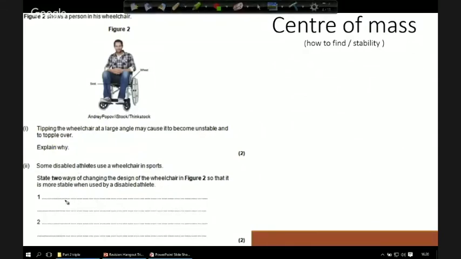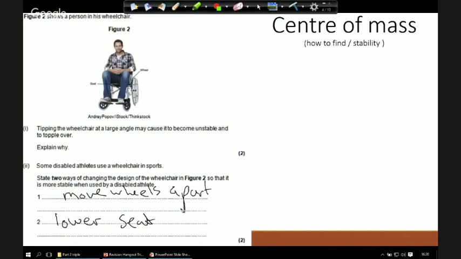So we could move the wheels apart. That would increase the size of the base, or lower the seat. That would lower the center of mass.